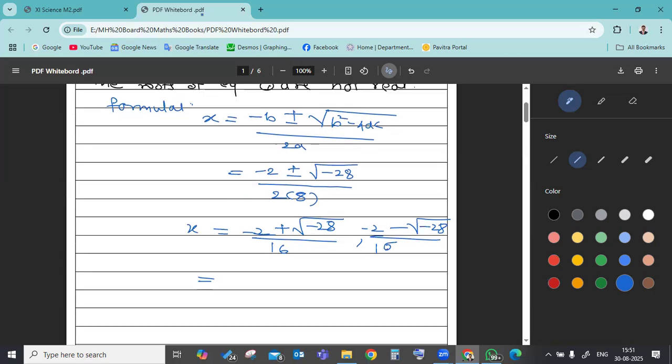If we write this minus 28 in complex form, it becomes square root of minus 1 into 7 into 4 upon 16.